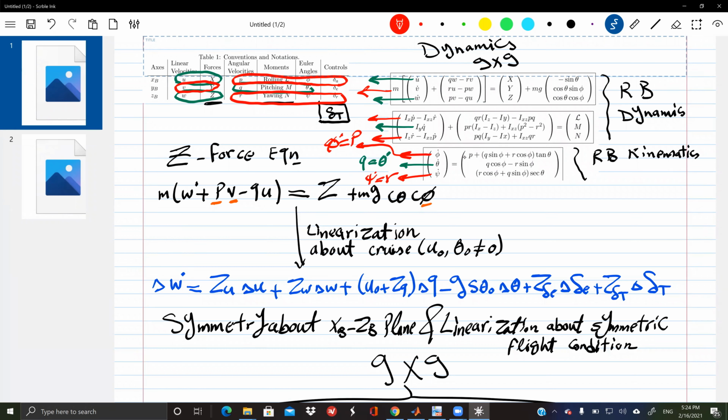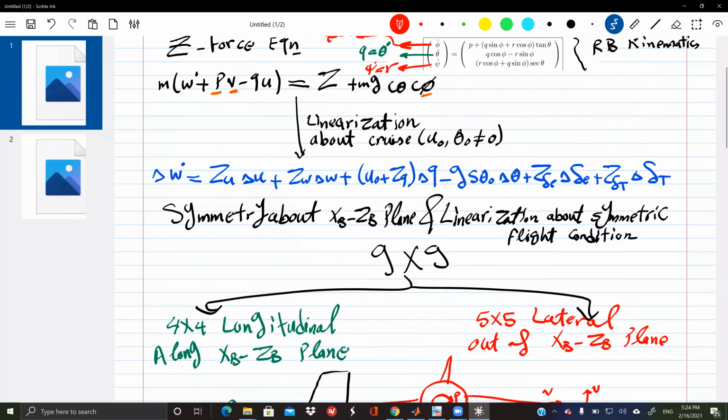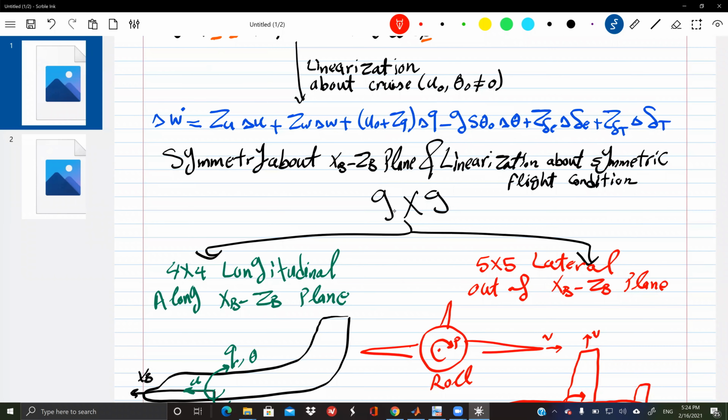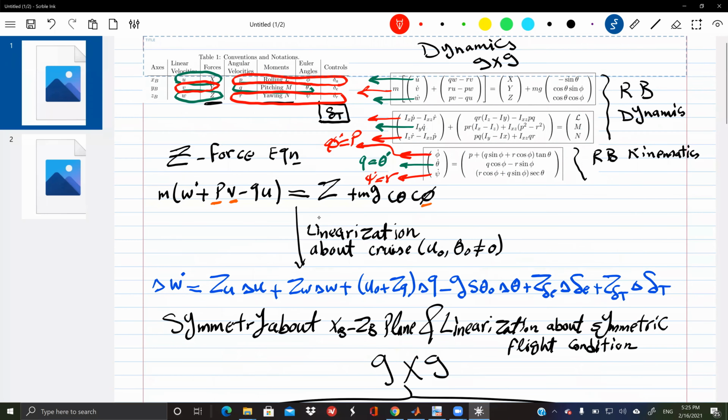What I'm trying to say is simply the 9 by 9 equations of motion. Now they become a bit simpler. Why? Because of 2 things: symmetry of the airplane, and also linearization, make them linear about some symmetric flight condition, any symmetric flight condition. Look at this, is what we did last time.